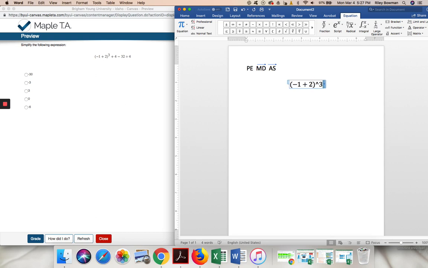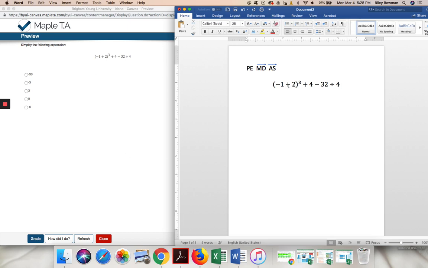So I'm going to do caret 3, and then press the space bar and it'll move it into the exponent for me, or I can use the script button here, for those of you who want to do this on your own in Word. And then we're going to add 4, but subtract 32 divided by 4. Okay, so now we have it looking exactly the same way.